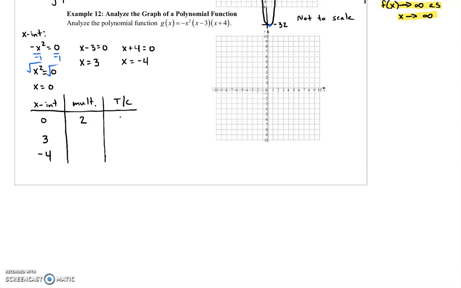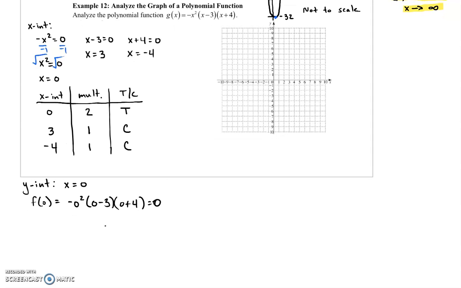Remember, even multiplicities are where they touch the axis. 3 has a multiplicity of 1, so it crosses, and -4 has a multiplicity of 1, so it crosses. For the y-intercept, we let x equals 0, so f of 0 is -0 squared times 0 minus 3 times 0 plus 4, which is 0. So that's our y-intercept.